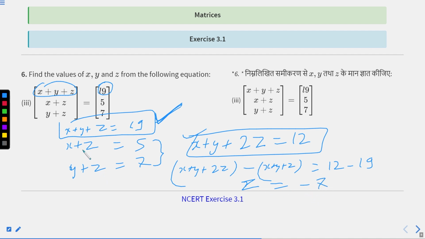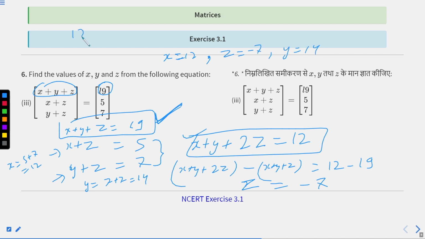So if z is equals to minus 7, from this y is equals to 7 plus 7, which is 14. And from this, x is equals to 5 plus 7, which is 12. So x will be 12, z will be minus 7 and y will be 14.